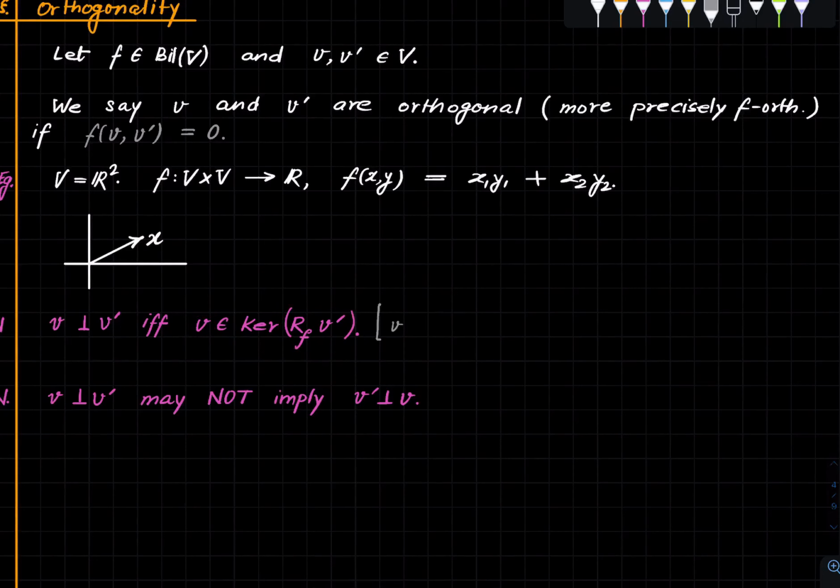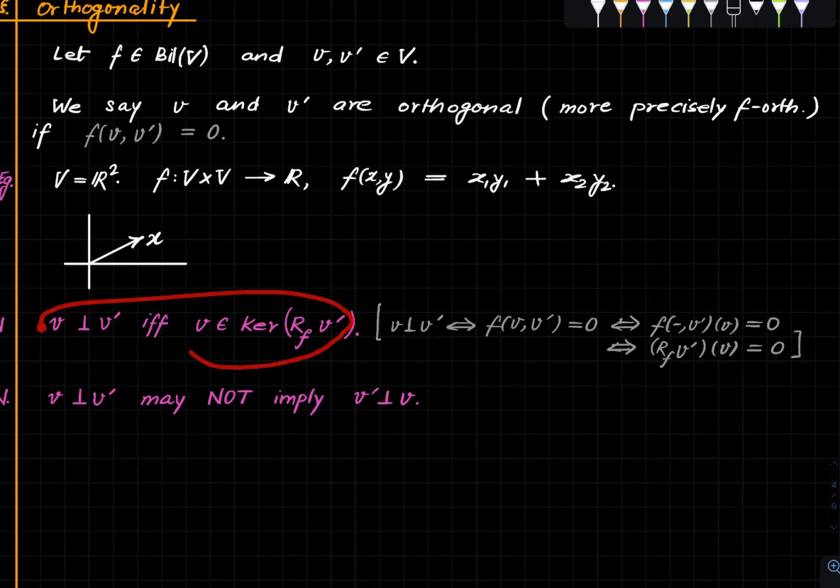V is orthogonal to V prime if and only if this is 0 by definition, which happens if and only if f(blank, V prime) of V is 0, which is the same as saying R_f of V prime, when applied to V, is 0.